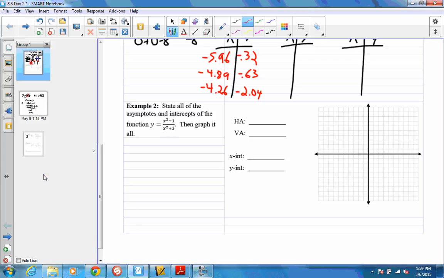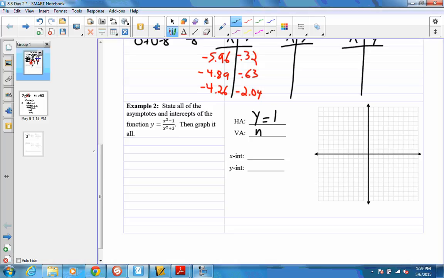Horizontal asymptotes. Lauren, where'd you get them? Where's my horizontal asymptote? It's one. Y equals 1. Lexi, where did you get vertical asymptotes at? None. No vertical asymptotes, guys.